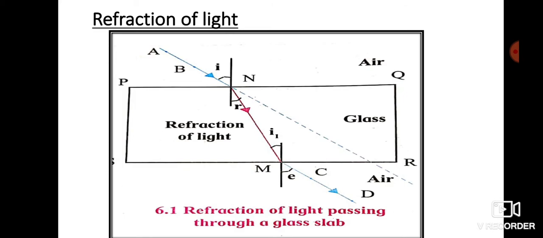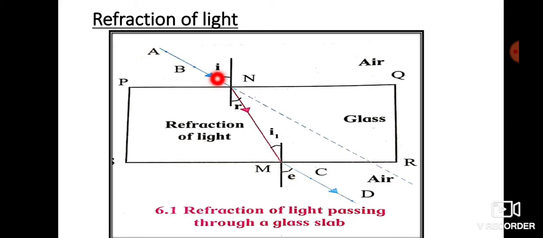Now if you look at this ray AN and this ray MD, they are parallel to each other. And I want to say one more thing: angle I, the angle of incidence, is equal to the angle of emergence.